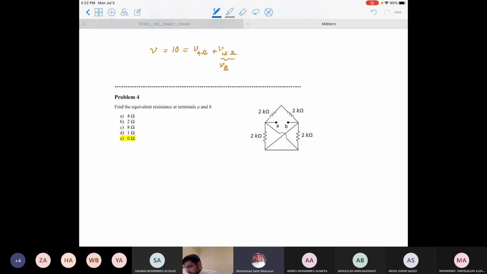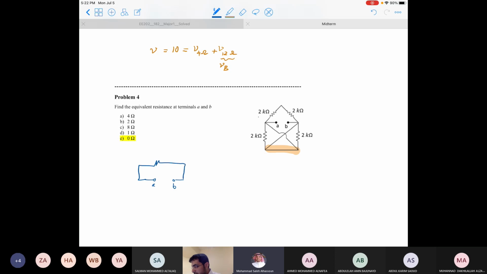Anyhow, this is the circuit we have, and we are asked to find the equivalent resistance between A and B. The first thing I usually do is realize that these are connected. It's exactly one node. And I need to draw it in a much easier way for my eyes to recognize things.